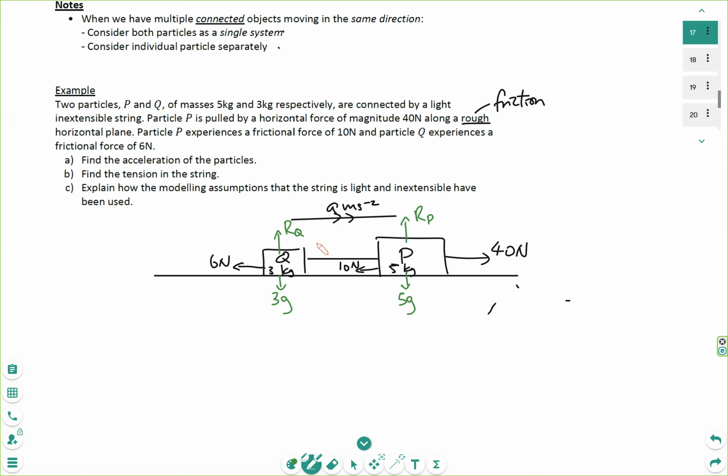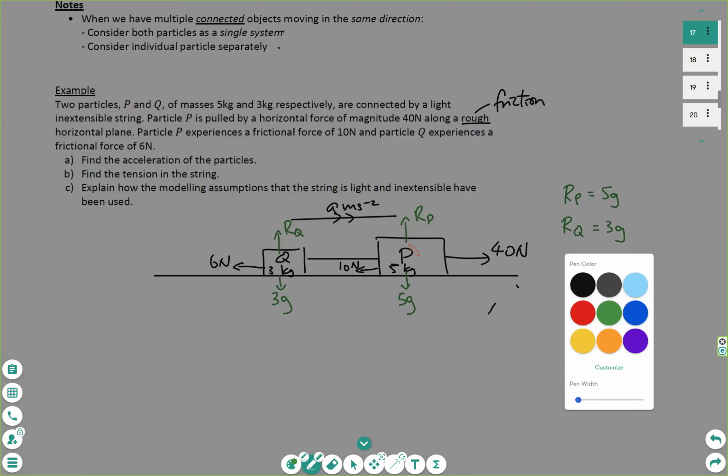When we consider F equals ma, we're just using the horizontal x direction, so the vertical forces don't matter. But just for your reference, RP equals 5g and RQ equals 3g. This will matter next year in Year 2 mechanics where we look at friction, but for now it doesn't matter.